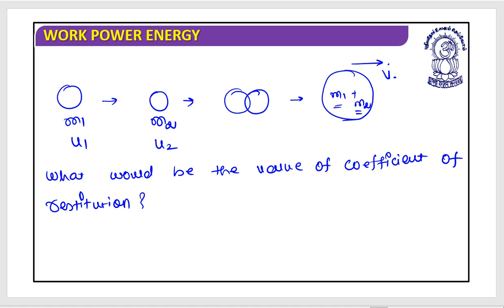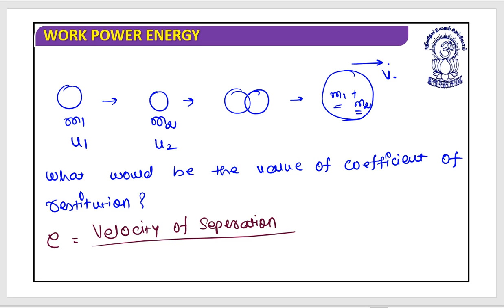What I can write is that e, the coefficient of restitution, is the ratio of the velocity of separation divided by the velocity of approach. It is just the ratio of the velocity of separation to the velocity of approach.